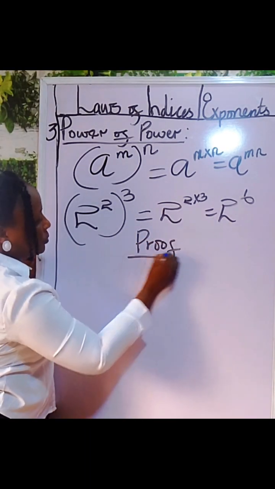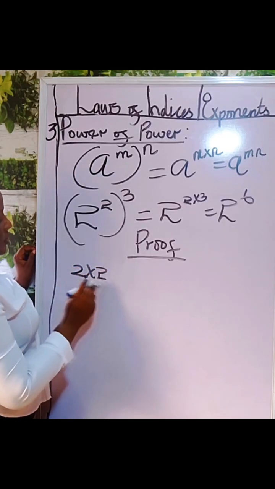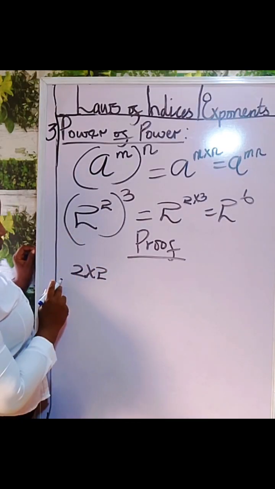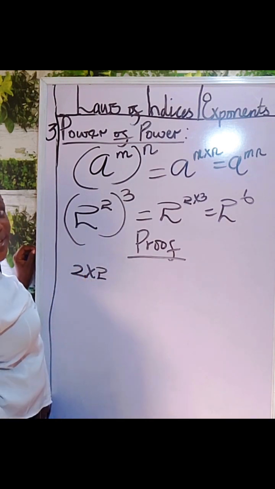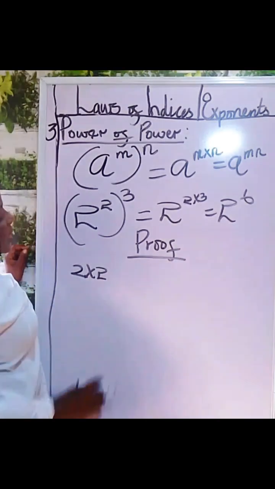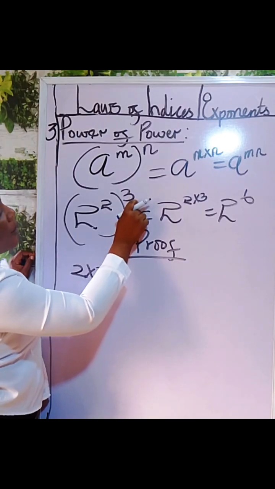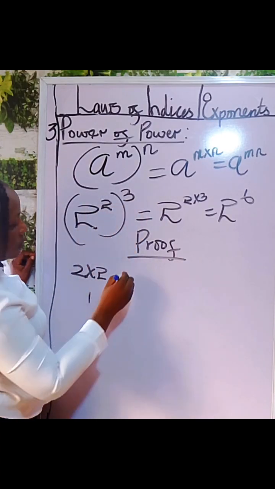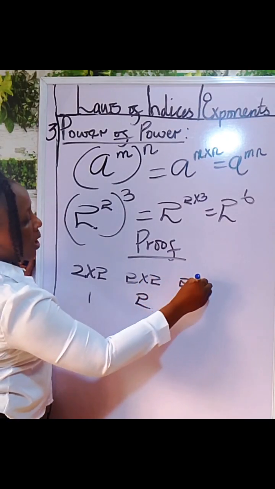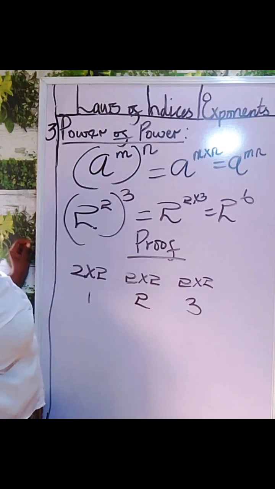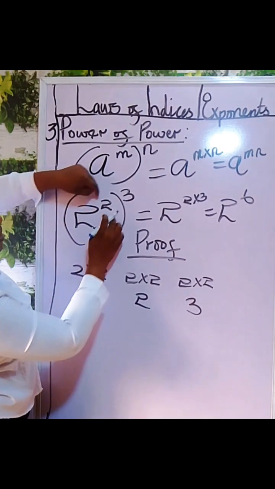Look at the proof. 2 raised to power 2 means 2 times 2. 2 multiplied in 2 places. 1, 2. Have you seen it? Now, this 2 raised to power 2, we have to raise to power 3.